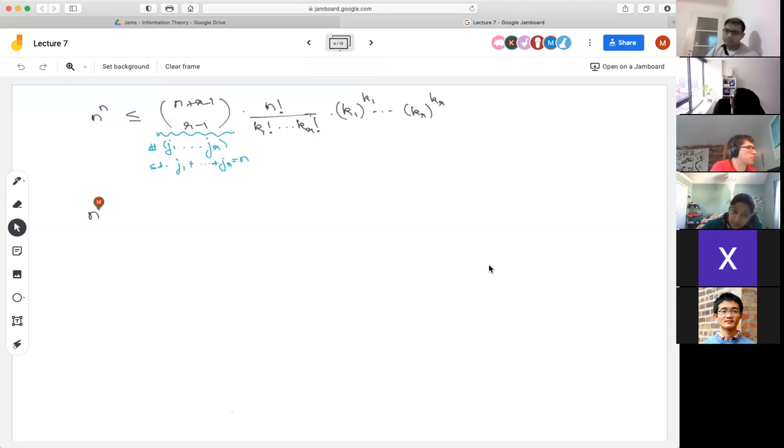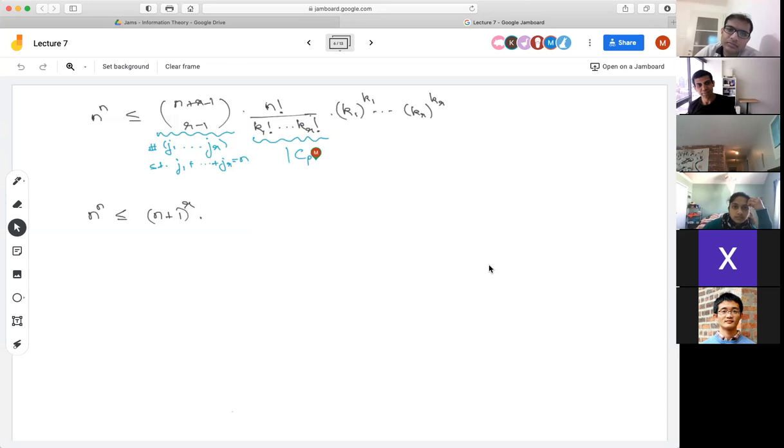So we got that n to the n is less than or equal to, we proved a bound of the form (n plus 1) to the R times this term, n factorial over k1 factorial and so on, which is actually the quantity we are interested in bounding: the size of the type class corresponding to the histogram with values k1 to kr.